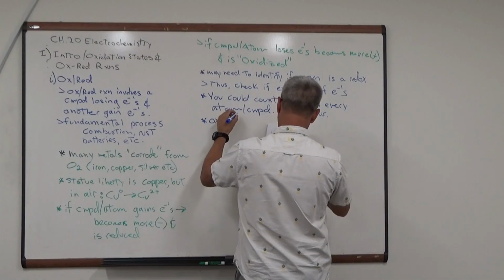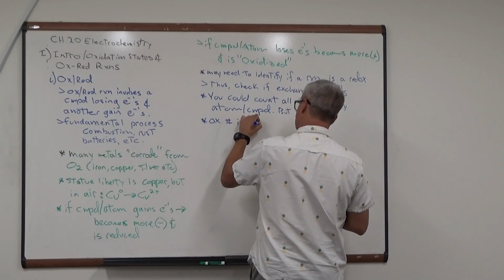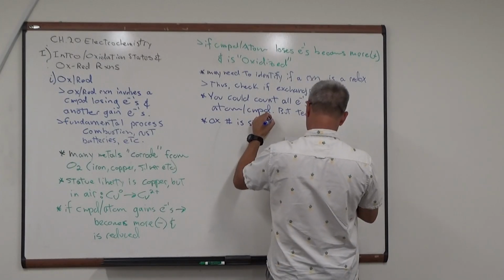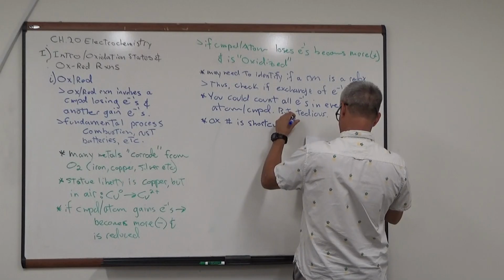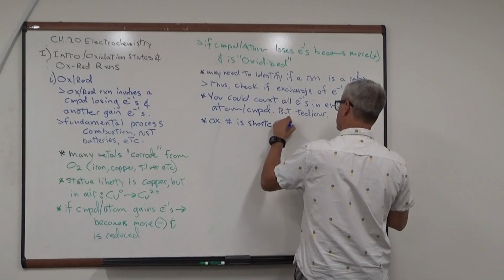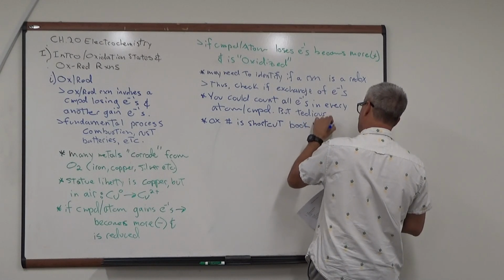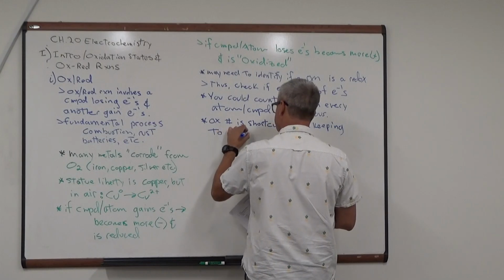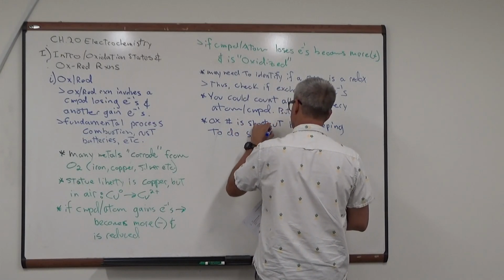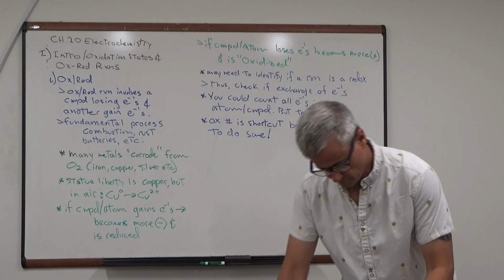Oxidation number is a shortcut bookkeeping method to do the same.